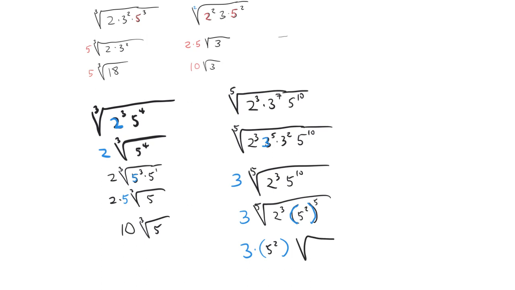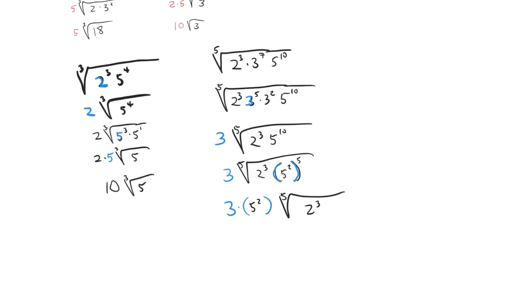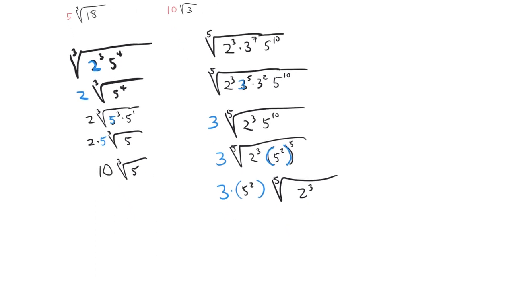So then we have this fifth root shenanigans, and then we have the 2 to the third that's sort of left over underneath. Okay, now most teachers would want you to simplify that further. This is really 25, so there's going to be 3 times 25, aka 75, and that's going to be the fifth root of 2 to the third, which happens to be 8. So then you would be done with that one.